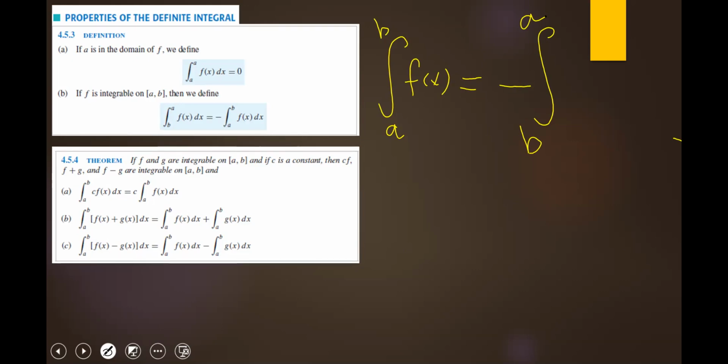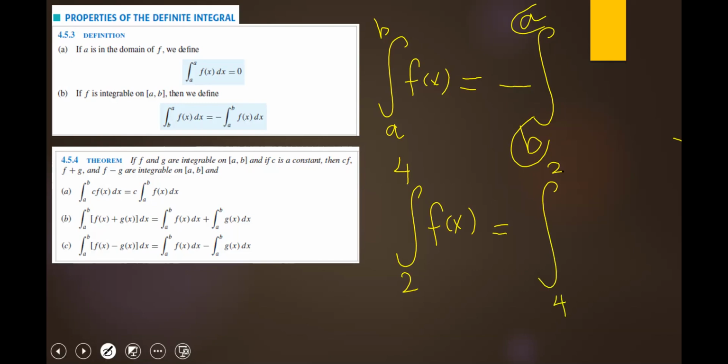You have to make the opposite, change the order, from a to b it will be from b to a, but you will change the sign. Like the integration of f of x from 2 to 4 is the same as the integration from 4 to 2, but with the opposite sign.